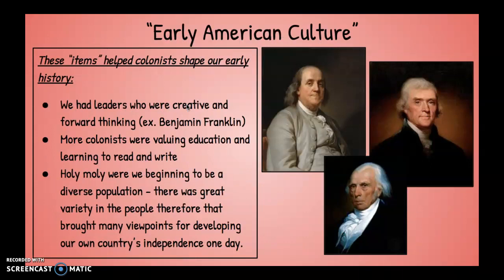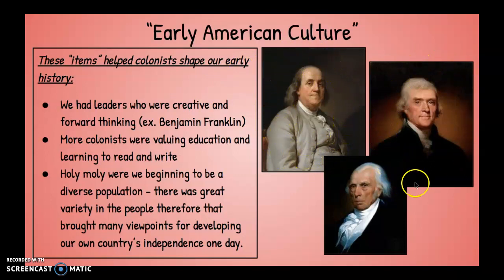This slide is titled Early American Culture. These items helped colonists shape our early history. So one, that first bullet point, we had leaders who were creative and always thinking about what's next. How can we improve? How can we be the best group of people that we can be? This guy, Benjamin Franklin, is an example.